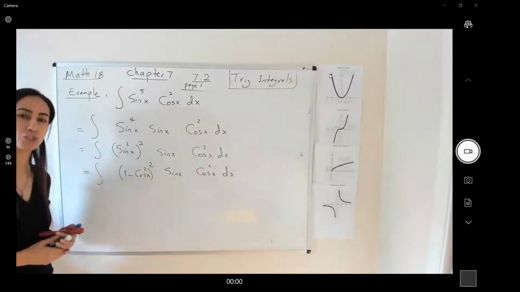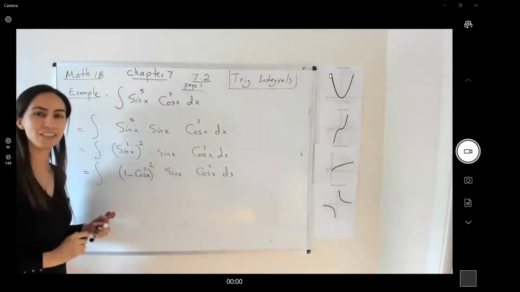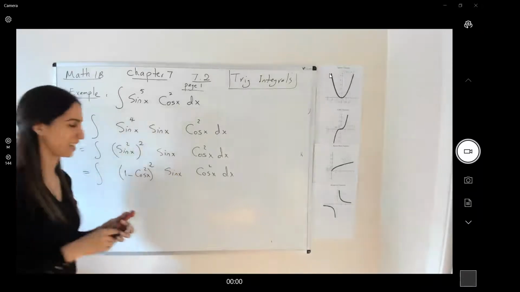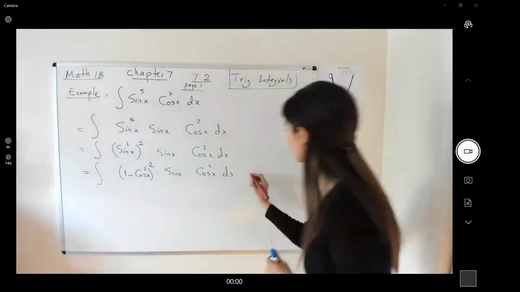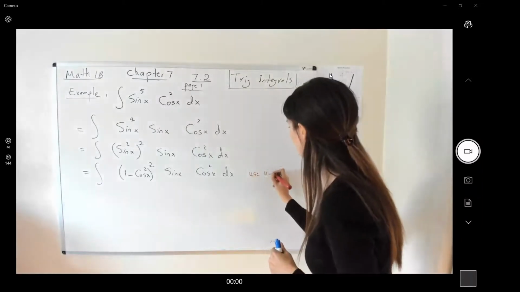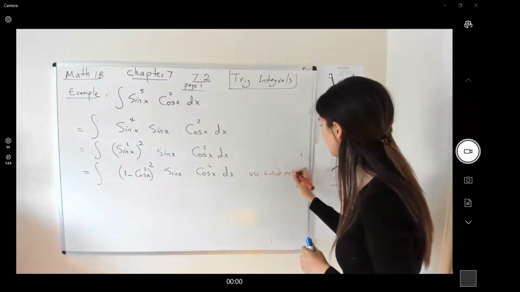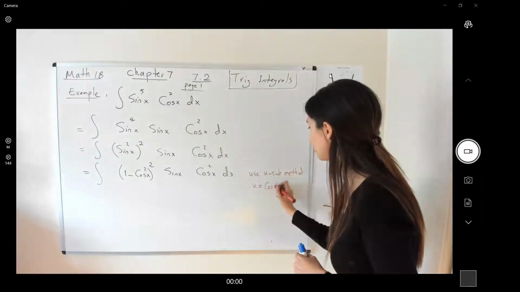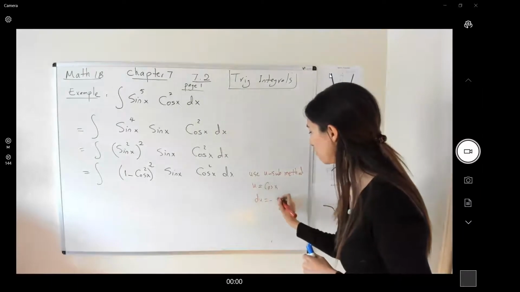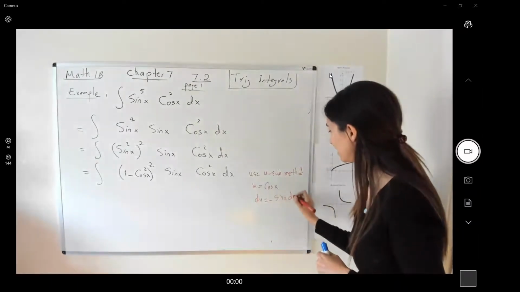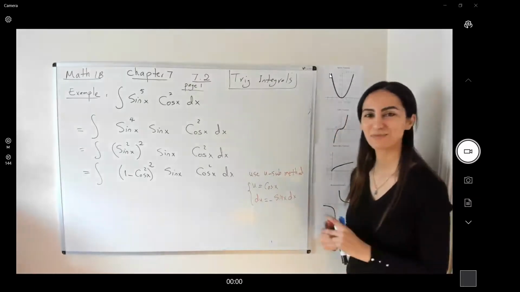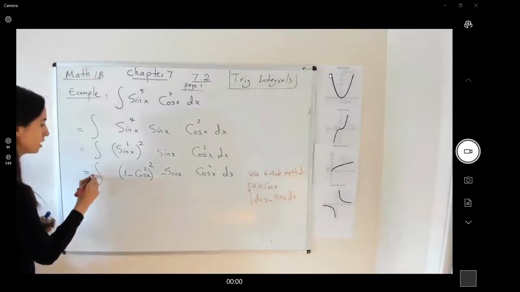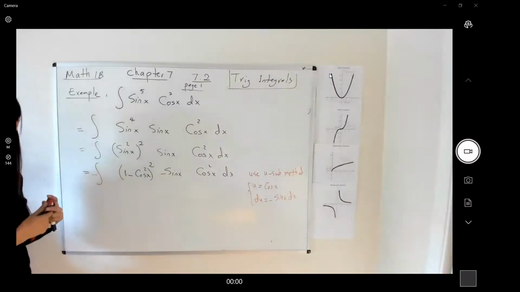Let us use u sub method. U is your cosine x, and du is minus sine x dx. There we go. So I'm going to put a negative sign in front of my sine and a negative sign outside my integral.